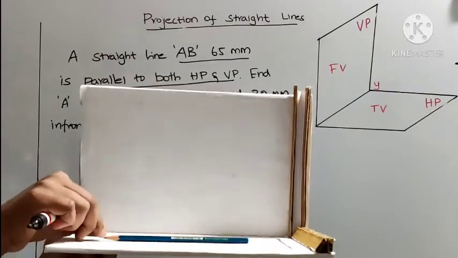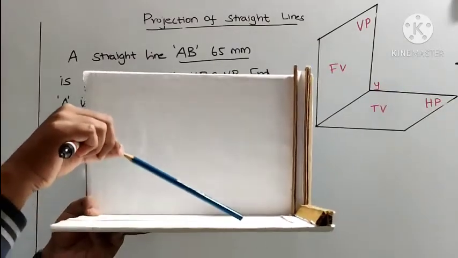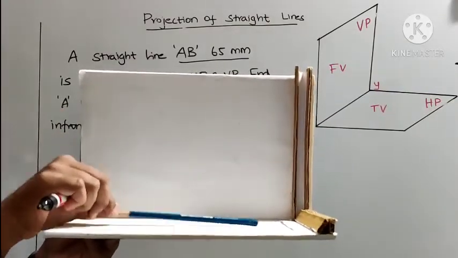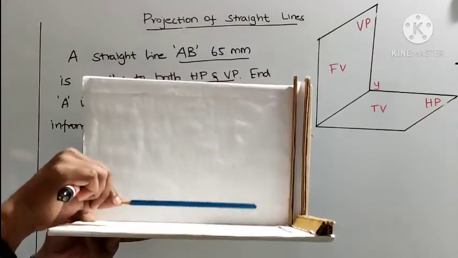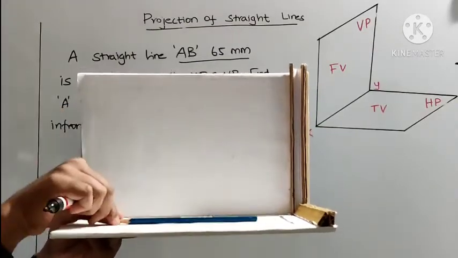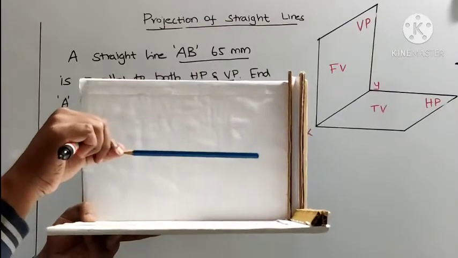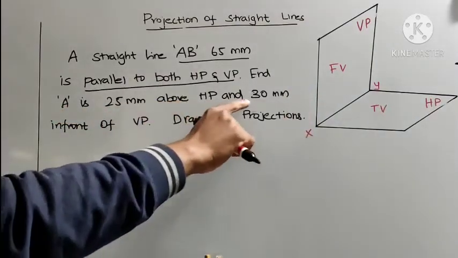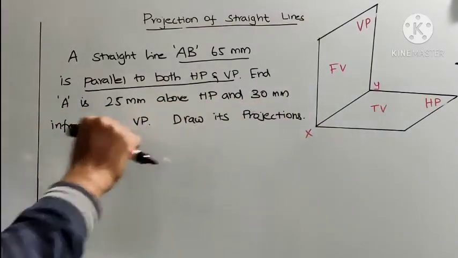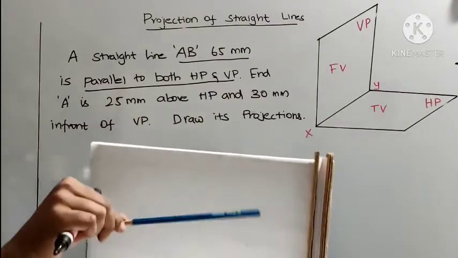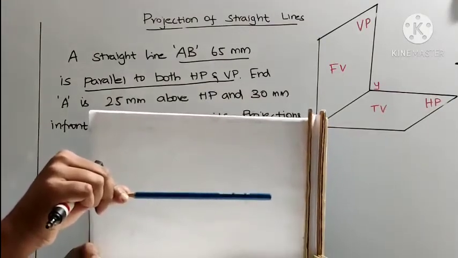So if you lift only end A, it violates the first data, and you should not do that. While lifting, you should lift the whole line something like this, to a distance of 25 mm above HP. Then it is 30 mm in front of VP. Something like this, 30 mm in front of VP.